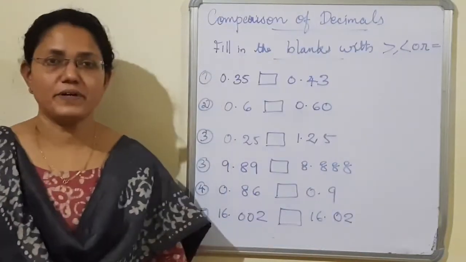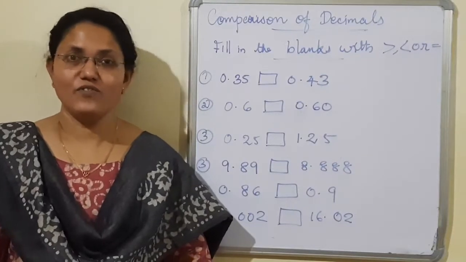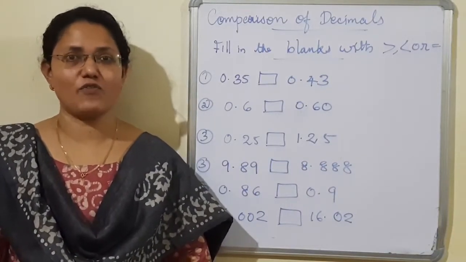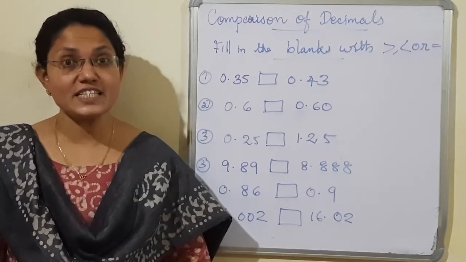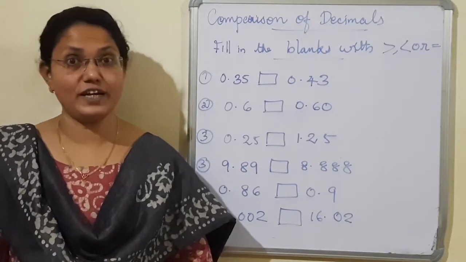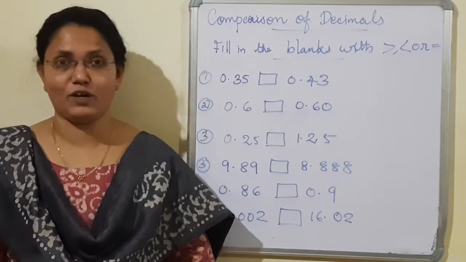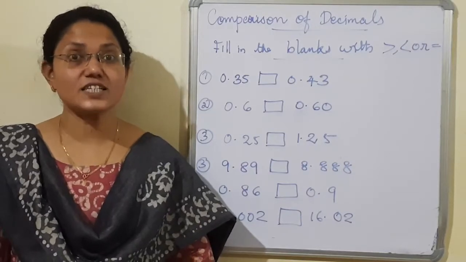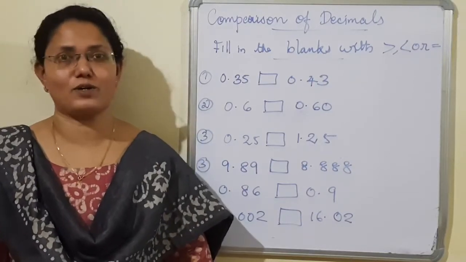Okay? Comparison of decimals. When we compare two decimal numbers, first itself we should change the unlike decimals into like decimals. If the given decimal is unlike, then only we have to change this into like decimal. After that, first compare its whole number part only.